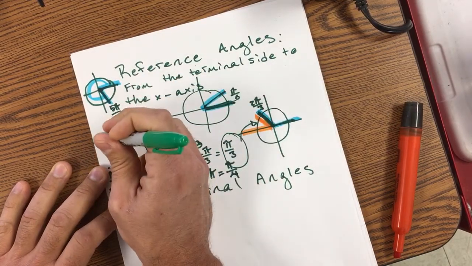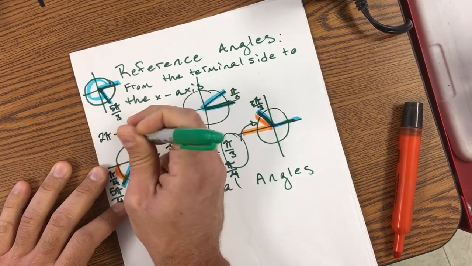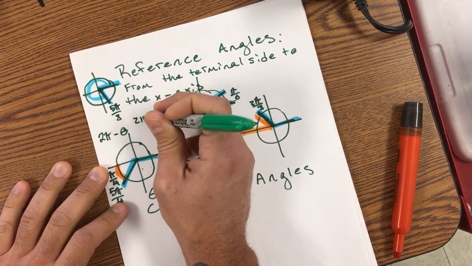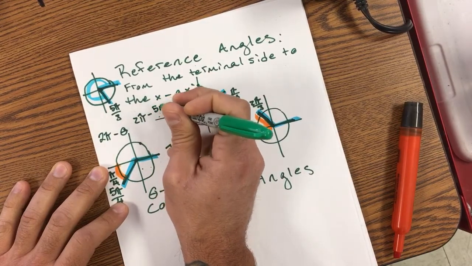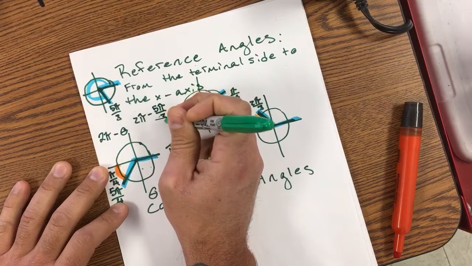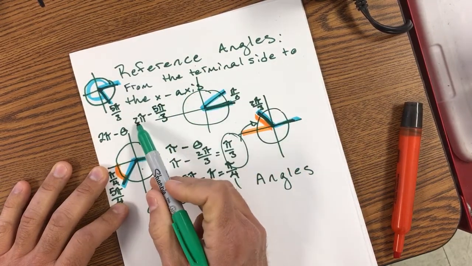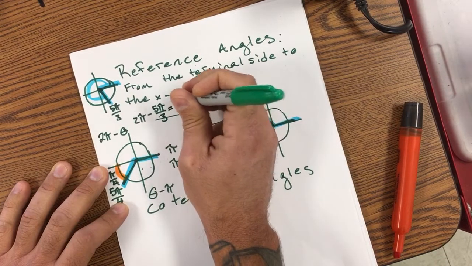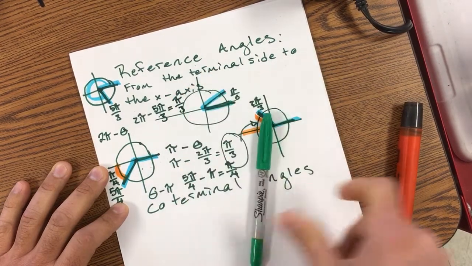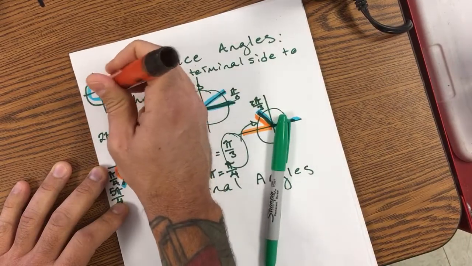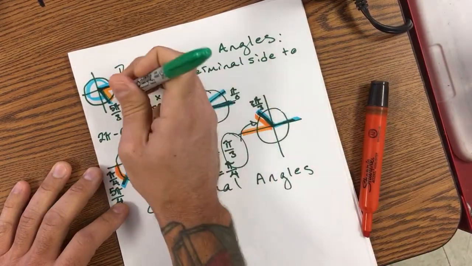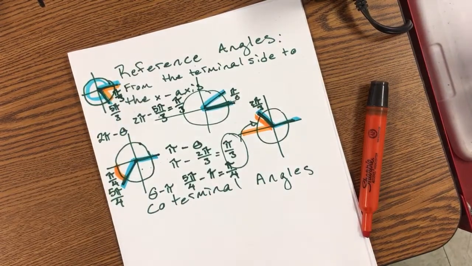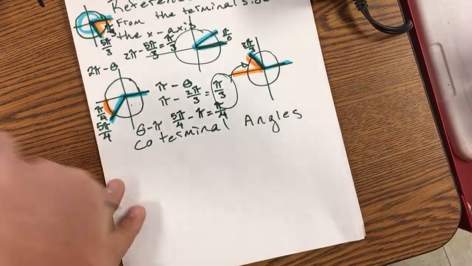So I'm going to do 2 pi minus theta. So I'm going to go 2 pi minus 5 pi over 3, which 2 pi is 6 pi over 3. So it's going to be pi over 3. So this guy right here is pi over 3. So that's how we do our reference angles.